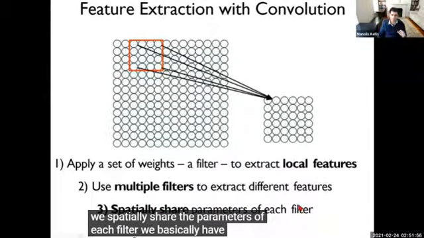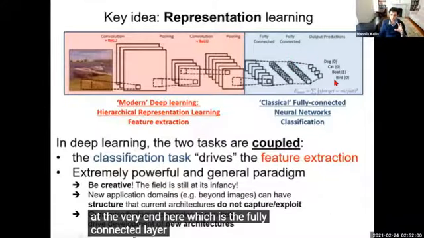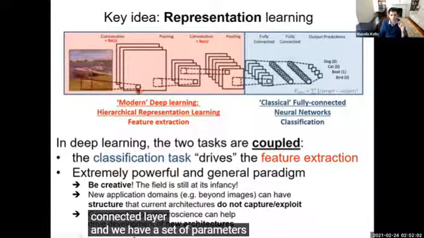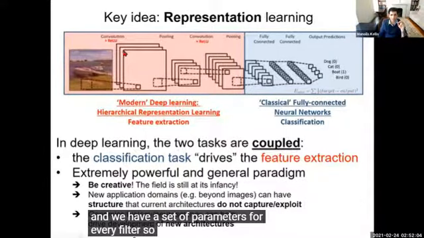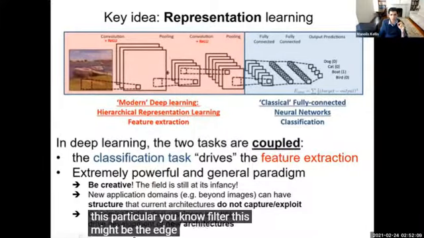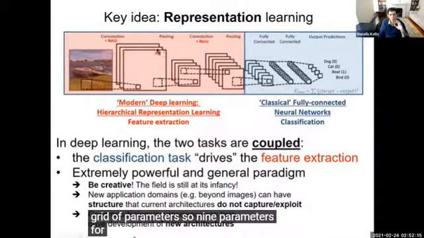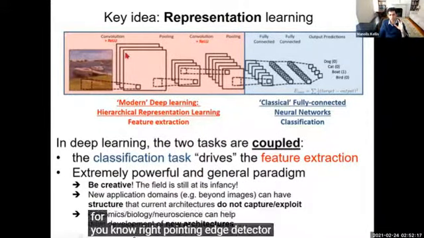We basically have a set of parameters at the very end here, which is the fully connected layer. And we have a set of parameters for every filter. So this particular filter, this might be the edge detector, and this might have a 3x3 grid of parameters. So 9 parameters for a right pointing edge detector.